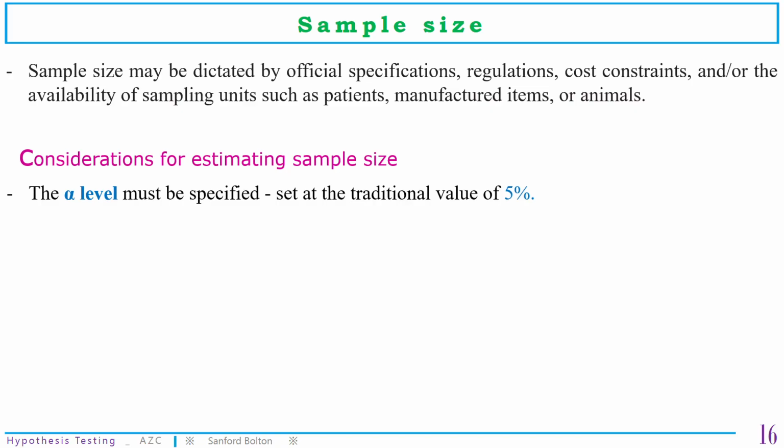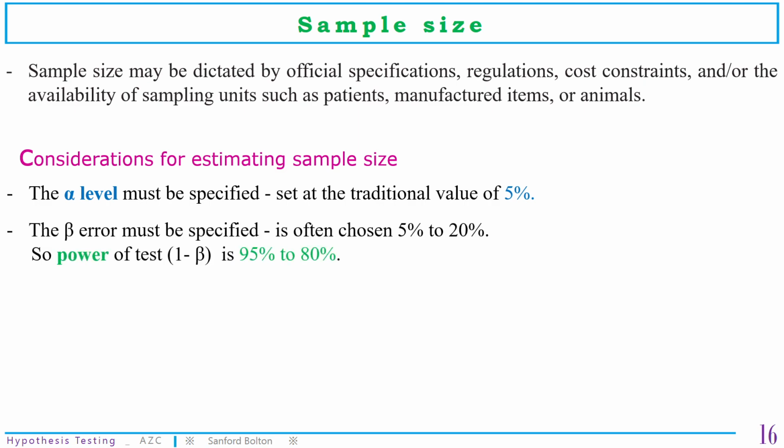Considerations for estimating sample size: the alpha level must be specified, generally set at the traditional value of 5%. The beta error must be specified and is often chosen to be between 5% and 20%, so the power of the test, 1 minus beta, is between 95% and 80%.